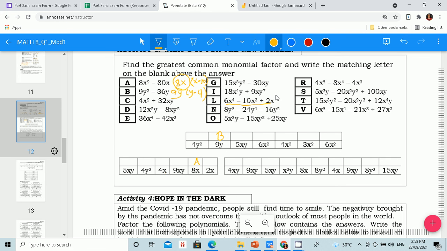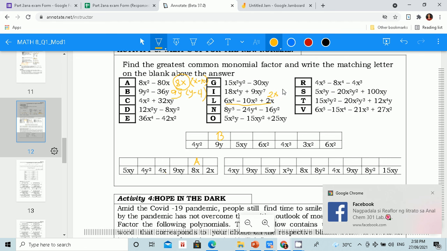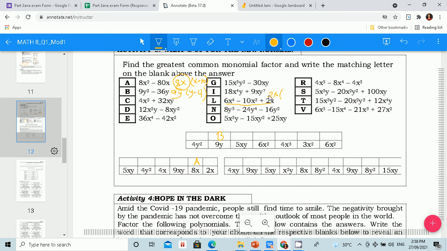So we have 2. Then we have the x. So the common factor is 2x. Can we find 2x? There you are, L.